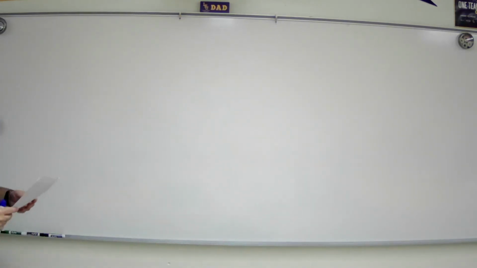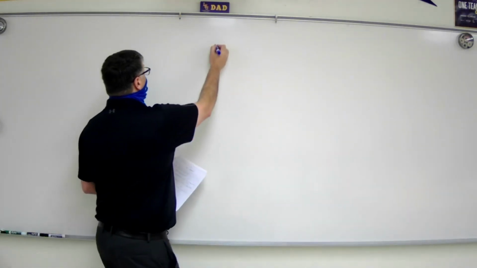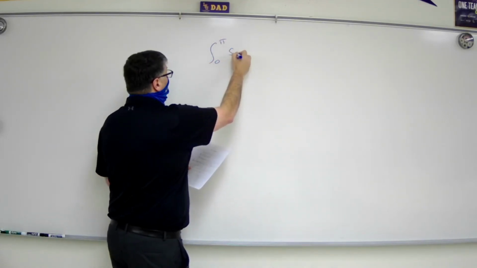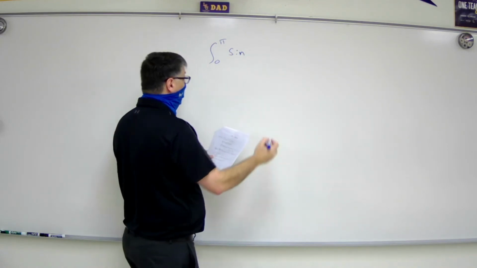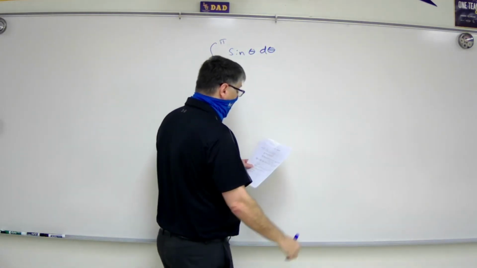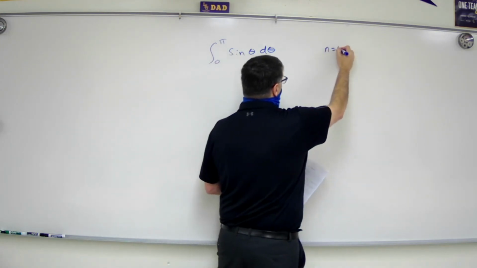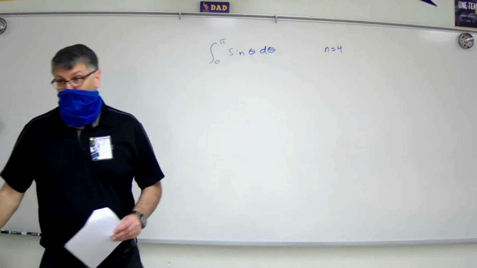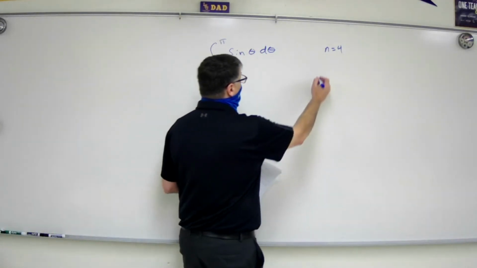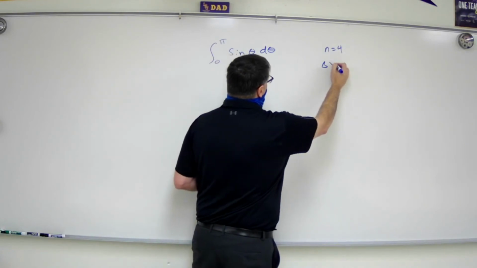Y'all ready? I want to approximate the area from 0 to pi of sine theta d theta, and I want 4 trapezoids. Okay, so right off the bat, let's do the same thing. What is my delta x?